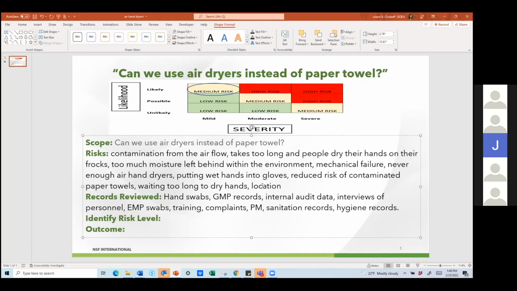Because that would, I think, lower the likelihood and the severity. If it's only in the bathroom where these are, the individual has to go back to their workstation and wash their hands prior to going to work, and that would be using the station with a paper towel. So where that location is could lower or raise the likelihood and the severity of it occurring.